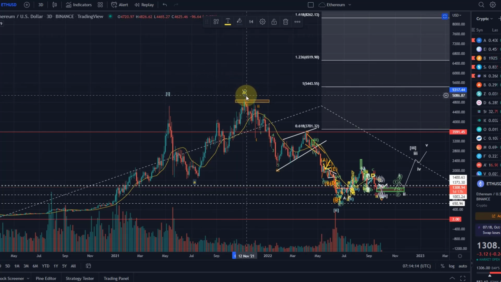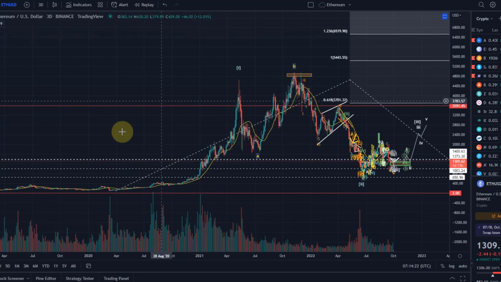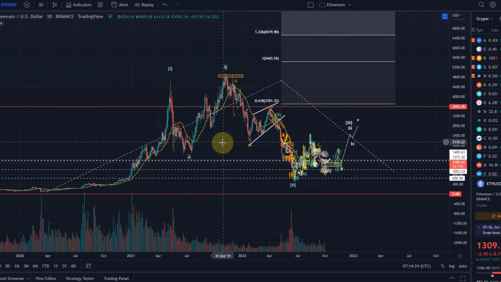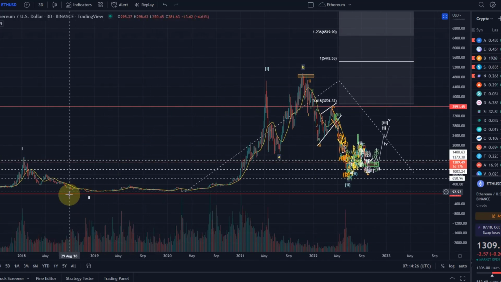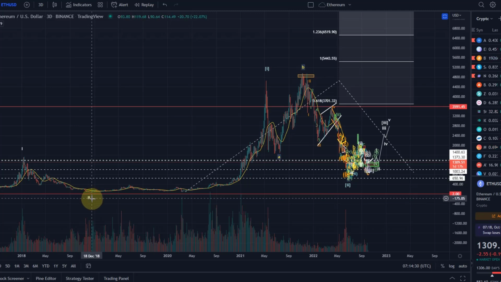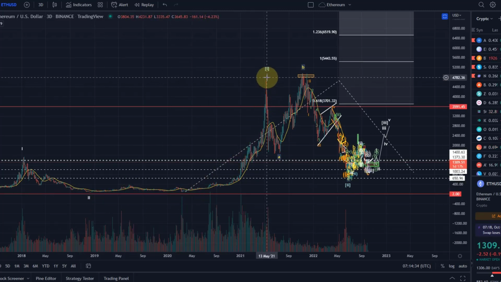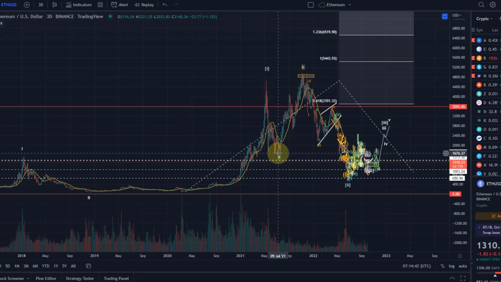And to be fair, it wouldn't make a great difference if I counted this somehow differently, though I would have to change the entire chart for that. If we counted this here as possibly another 1-2 setup down here, then this was a wave 3, even though it would be massively long. Then this was a wave 4, which in my opinion came down too much.